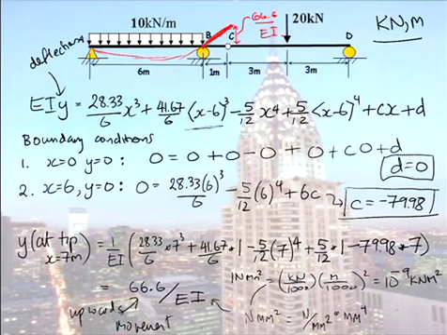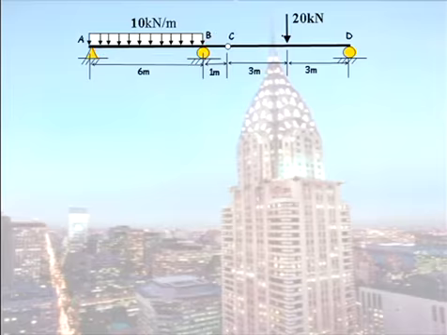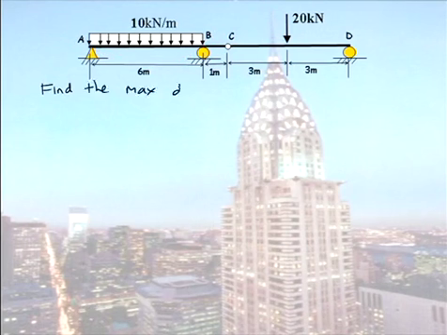Now, in the question, we're also asked to find the maximum moment under the uniformly distributed load. Okay, I've just got to make sure I've got enough pages. So now our next task is to find the maximum deflection under the UDL load.